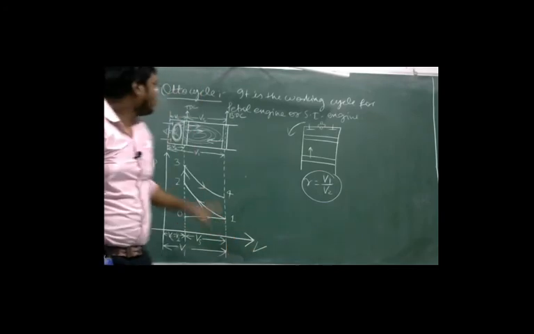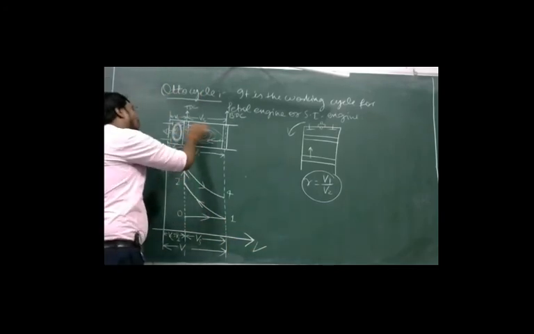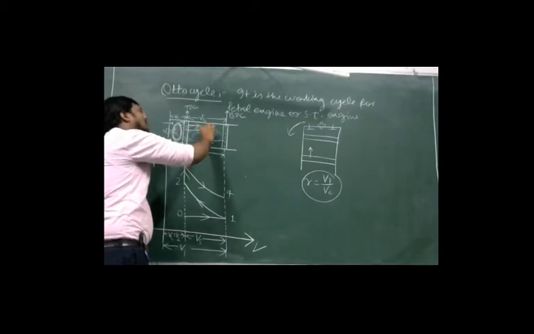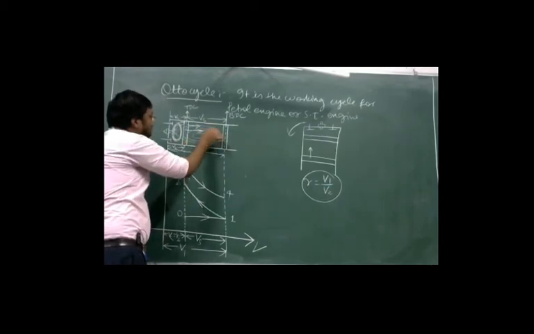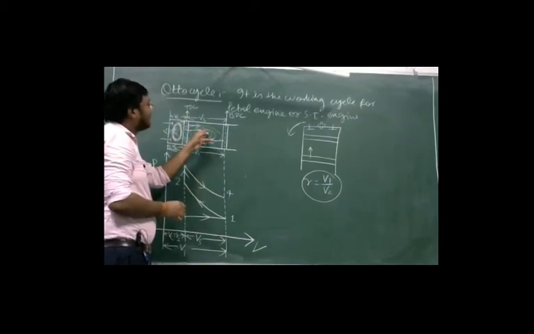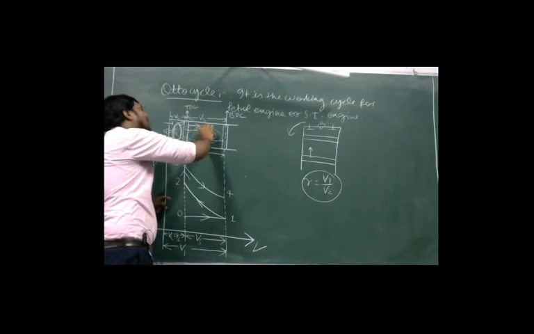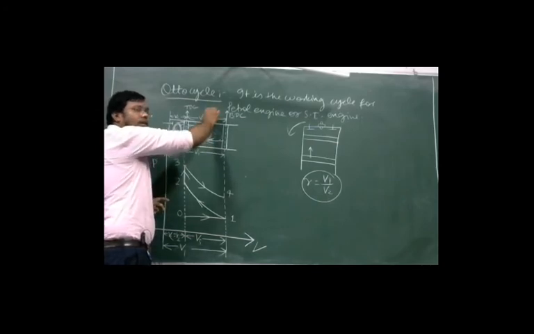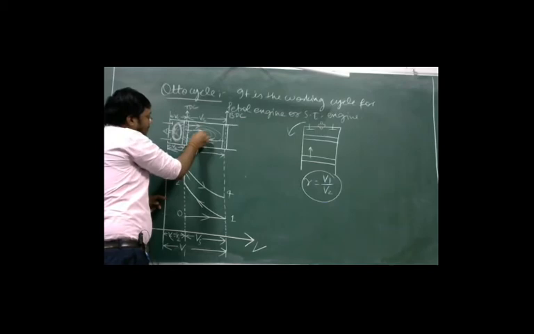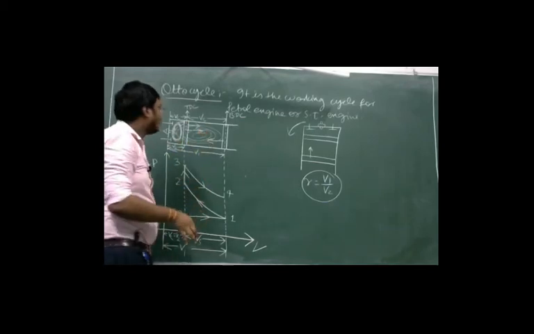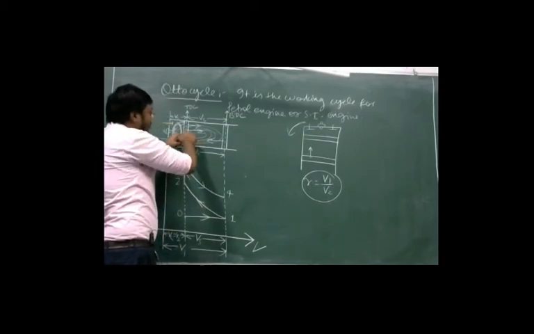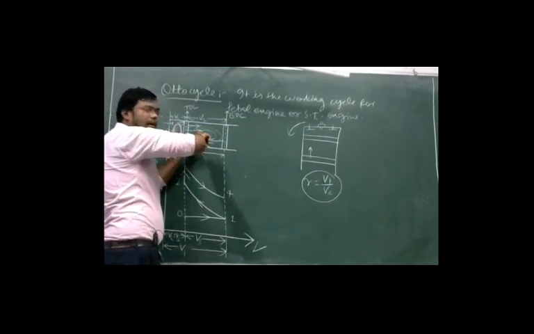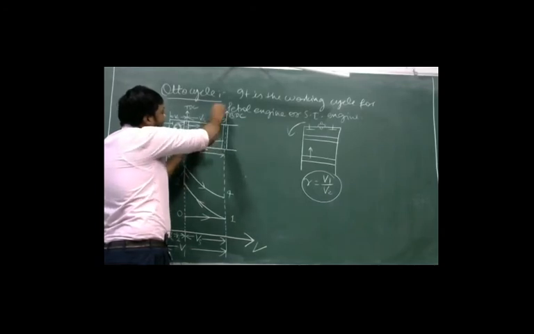Cooling down means these gases reject their heat outside the cylinder. Only then can these gases be cooled down. So when the exhaust gases are cooling down, they are transferring their heat outside the cylinder.